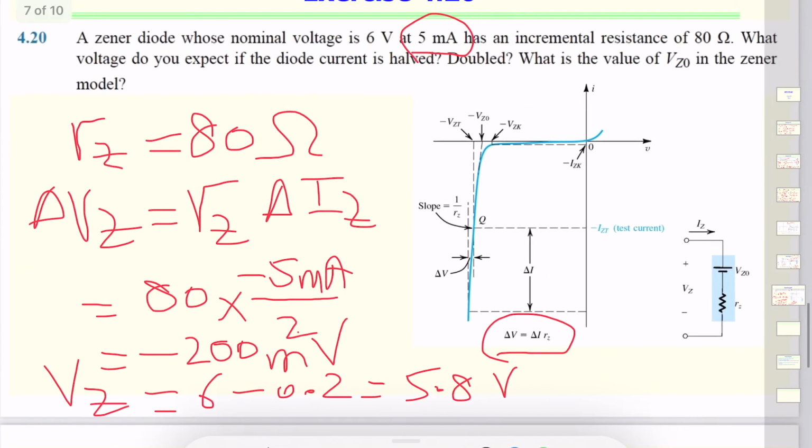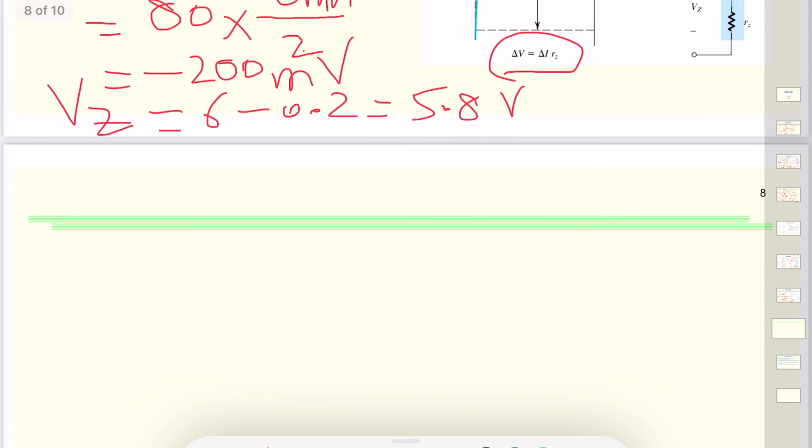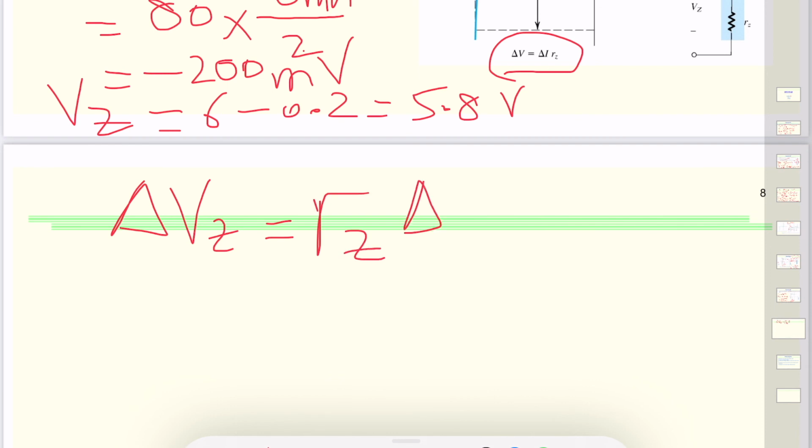The second part is doubled. So let's see what happens if the diode current is doubled. Same, delta VZ is equal to RZ times delta IZ, and for delta IZ we are now going to use double the amount.